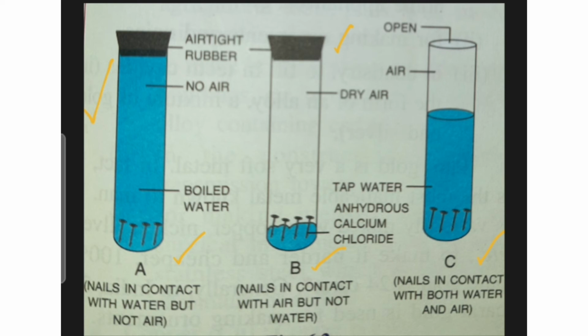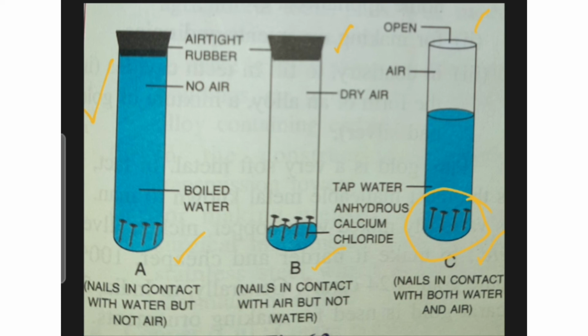Now going to test tube C. Here put some tap water and leave it open. You can see its top is open and some tap water is inside. After a few days, it can be observed that the nails in test tube C get rusted. This is because they are in contact with air as well as water.